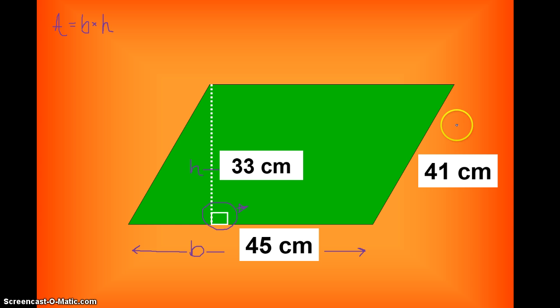So this 41, you don't need that. If you were to find perimeter, you could get some use out of that, but for area today, we just want those two measures. So our formula is area is equal to the base times the height. We're going to plug in our measure for our base, which in this parallelogram is 45 centimeters. We're going to plug in our measure for our height, which is 33 centimeters, and our formula tells us to multiply the two.